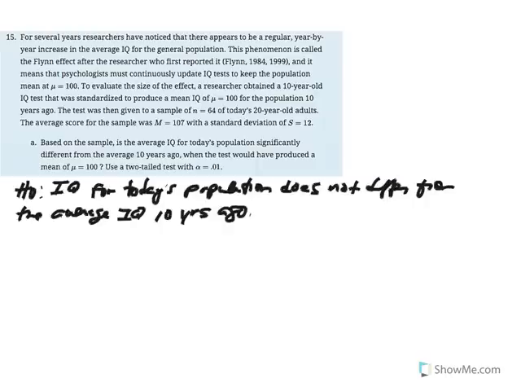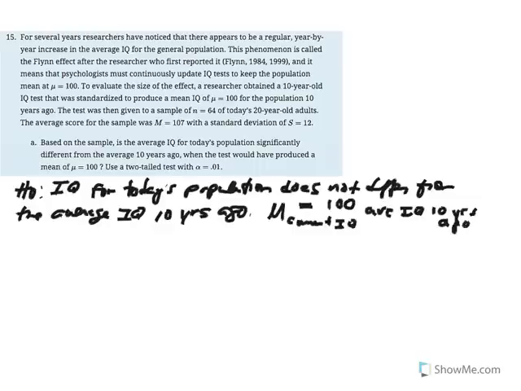And therefore, the notation would be the mu, and again, that refers to current IQ scores. The average of the current IQ scores would be equal to 100. Again, that's the average IQ 10 years ago.